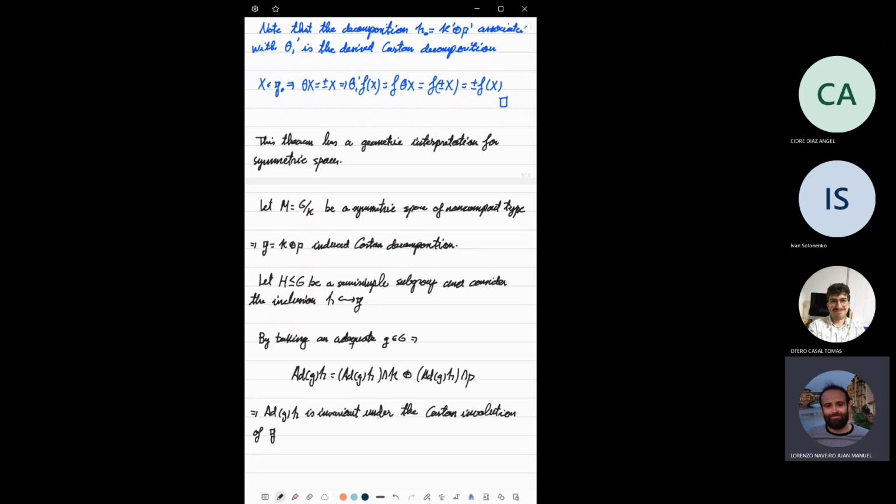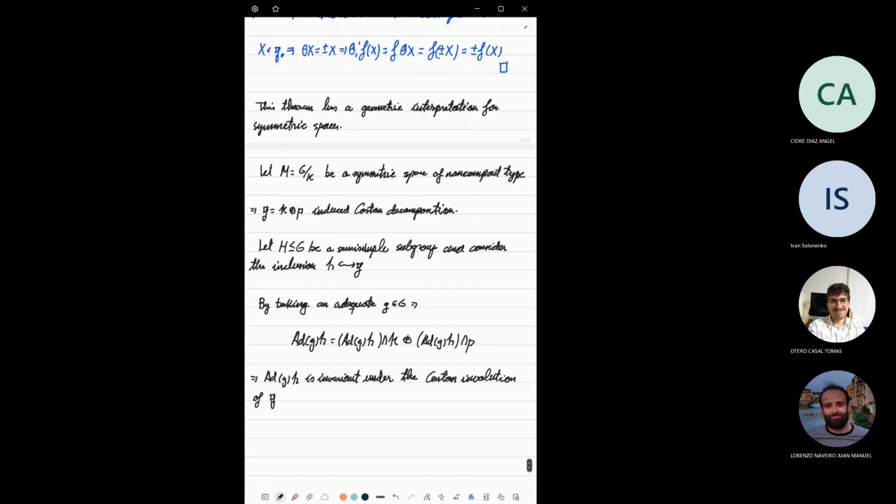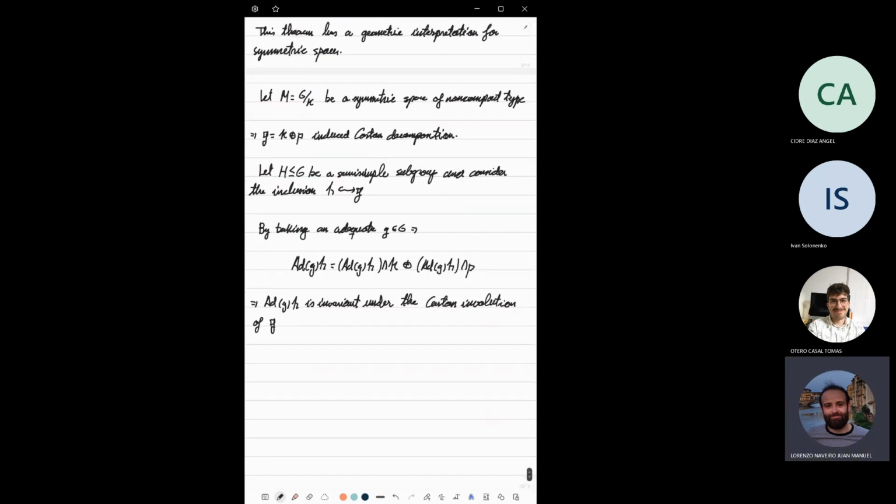And now this is going to relate to the totally geodesic submanifolds on M. So this is because there is a well-known correspondence between invariant subalgebras, Lie triple systems, and totally geodesic submanifolds that pass through the origin. So recall that there are bijections between the following sets.